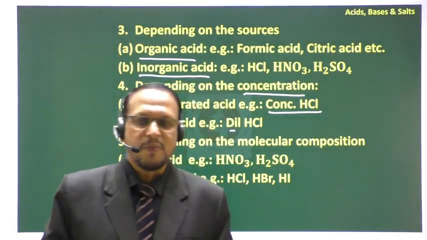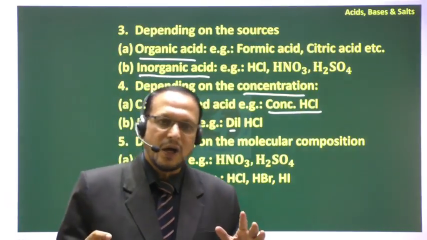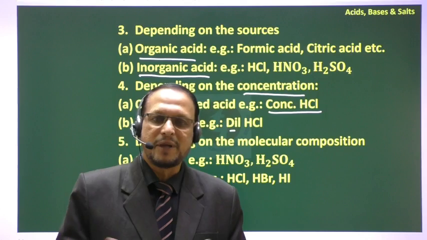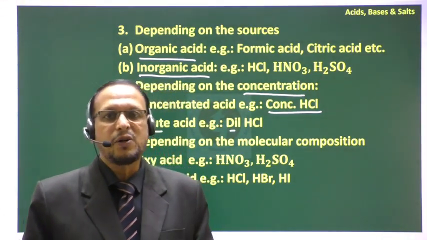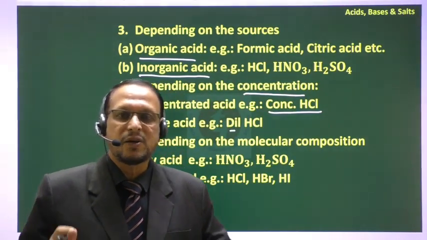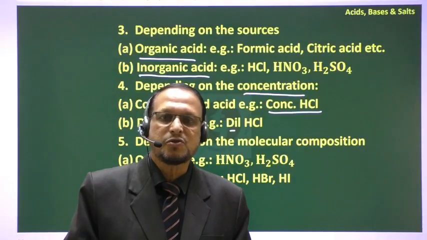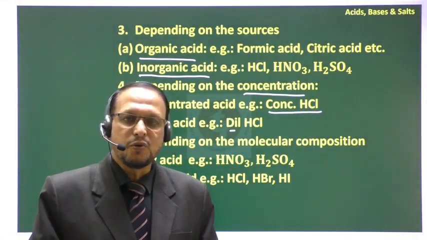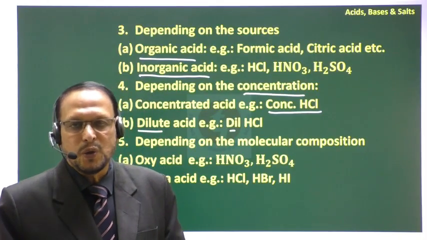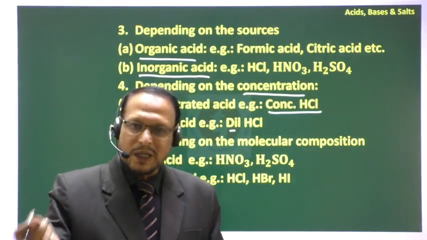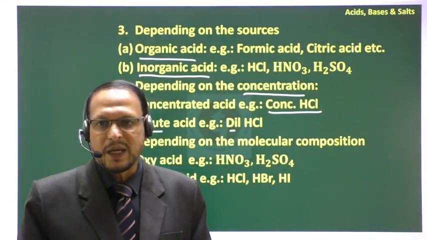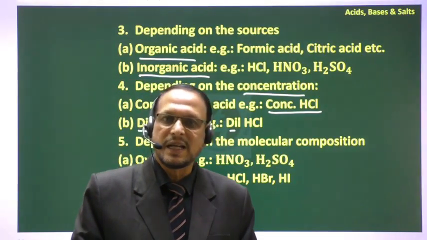Can you tell me? Normally you think that anything can be done. When you want to dilute any acid which is highly concentrated, normally HCl is 2N normal. Now if you want to dilute it, what will you do? If you put water into the acid, it will spurt out, very dangerous.